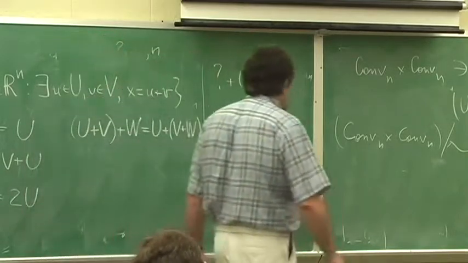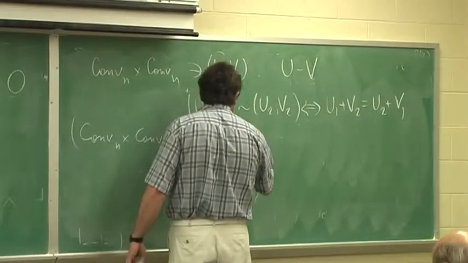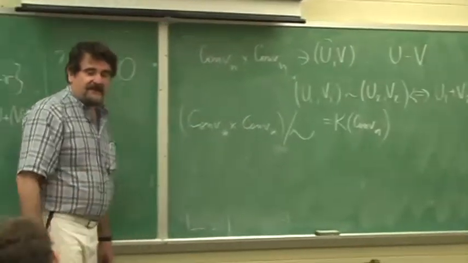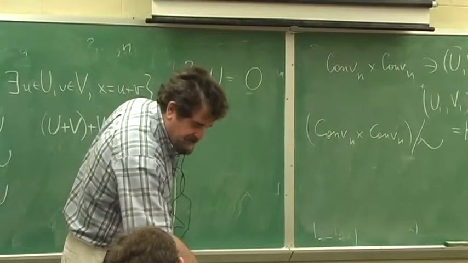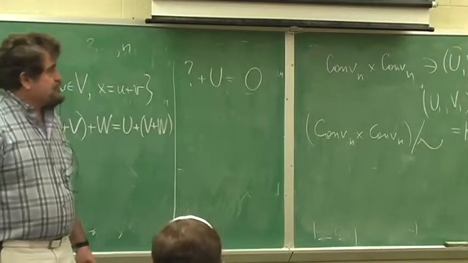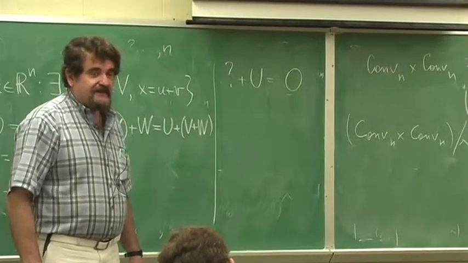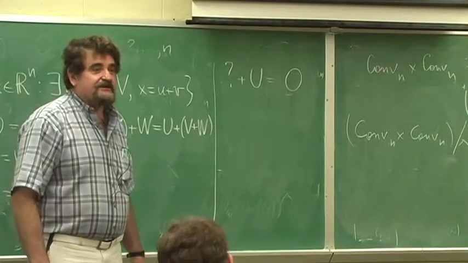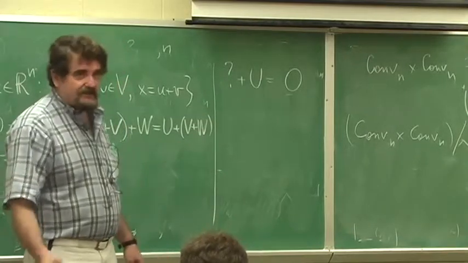And let me call it K of this. I want to show that this is a group. And in the process of showing it, I will come across the condition that is satisfied here, and is called the cancellation condition.